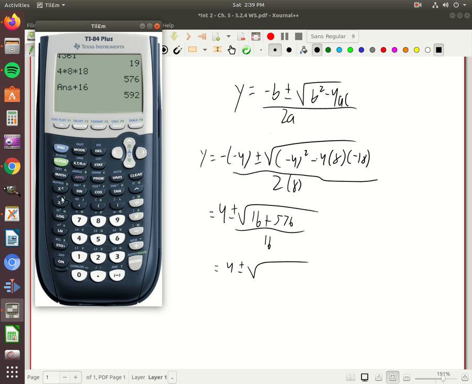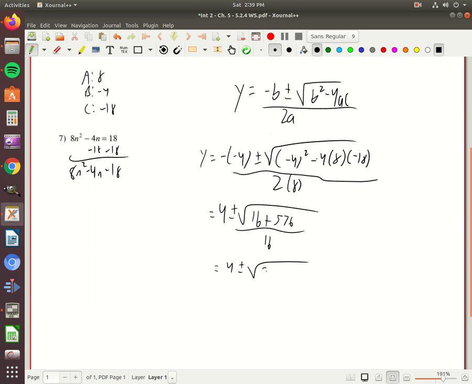So we get the square root of the answer. That's 592. I get 24.33. So I did 2 steps in one there just because it was kind of a pain. And this one I'll go sideways. So I'll say 4 plus 20. Oh wait, this isn't the square root, is it? This is just 24.33.